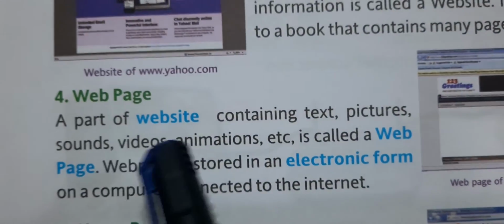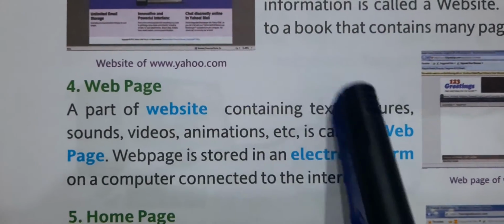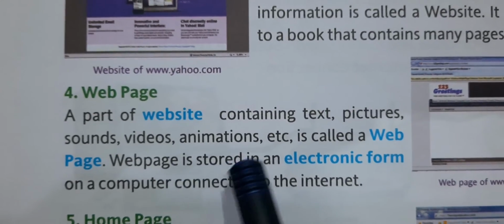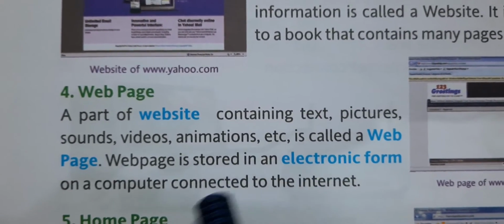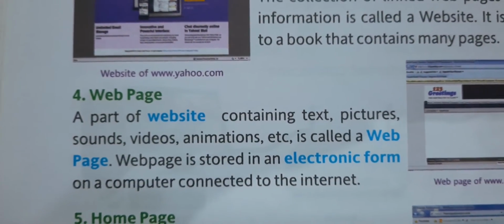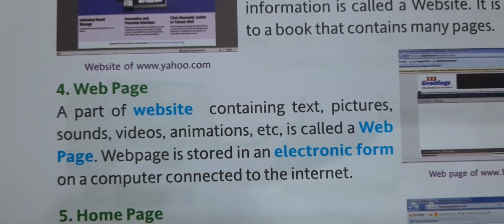It may have videos also, animations also, and together it will form a web page. So this is stored in an electronic form, which means we are able to access it using the internet.